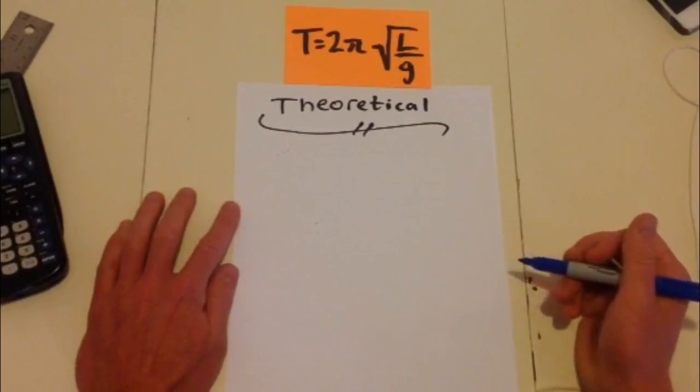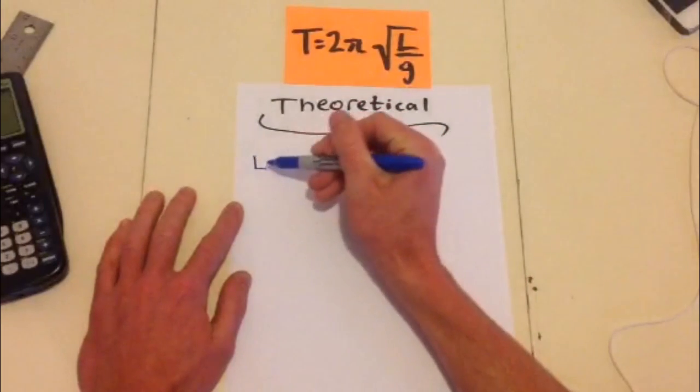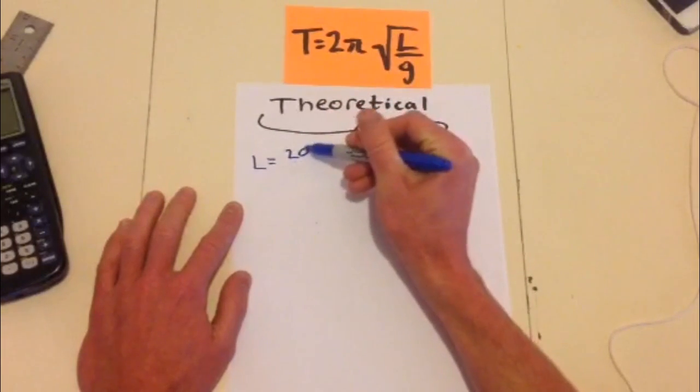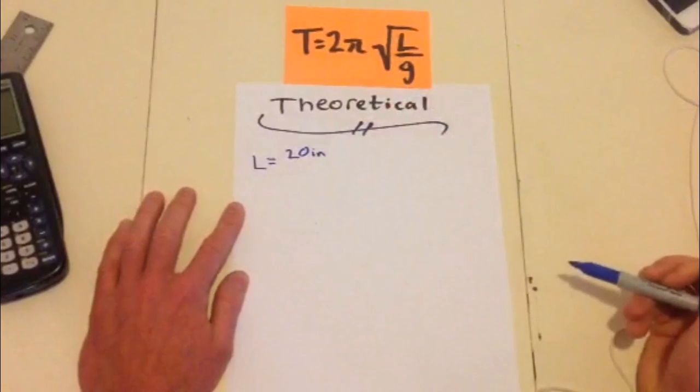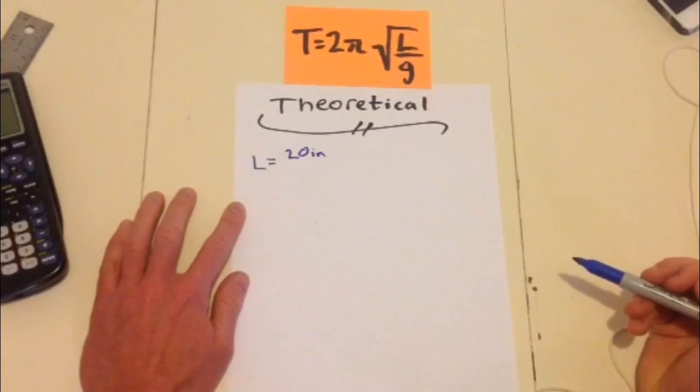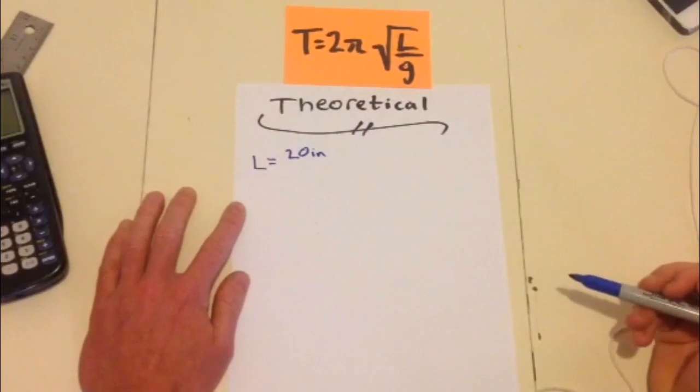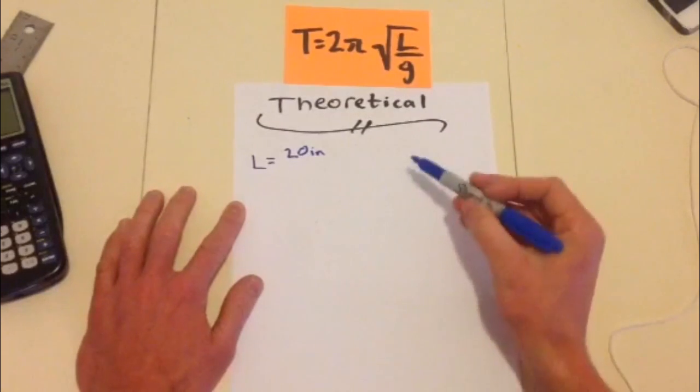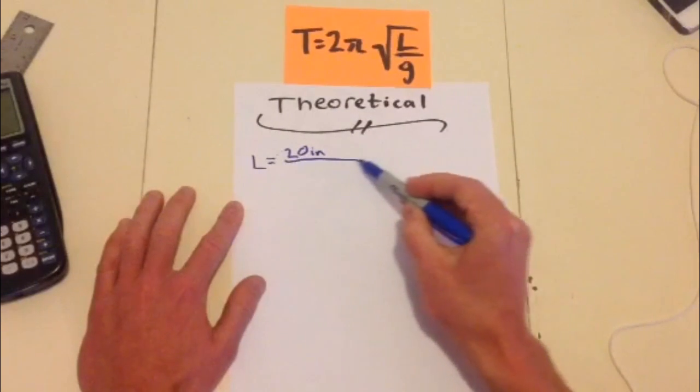For our theoretical value, we calculated the length to be 20 inches. Because the rest of the world runs on the metric system, we need to convert this over to meters. To do this, we're going to use the train track method.